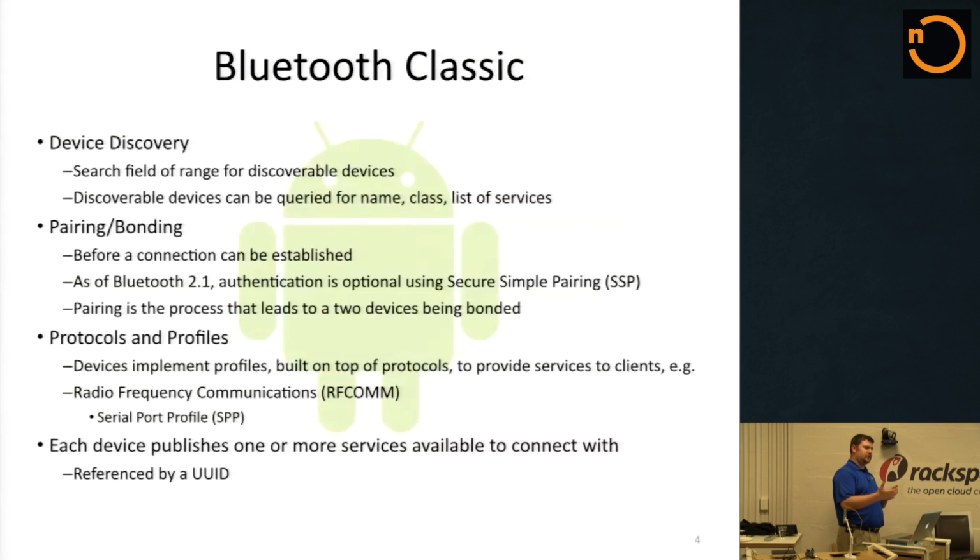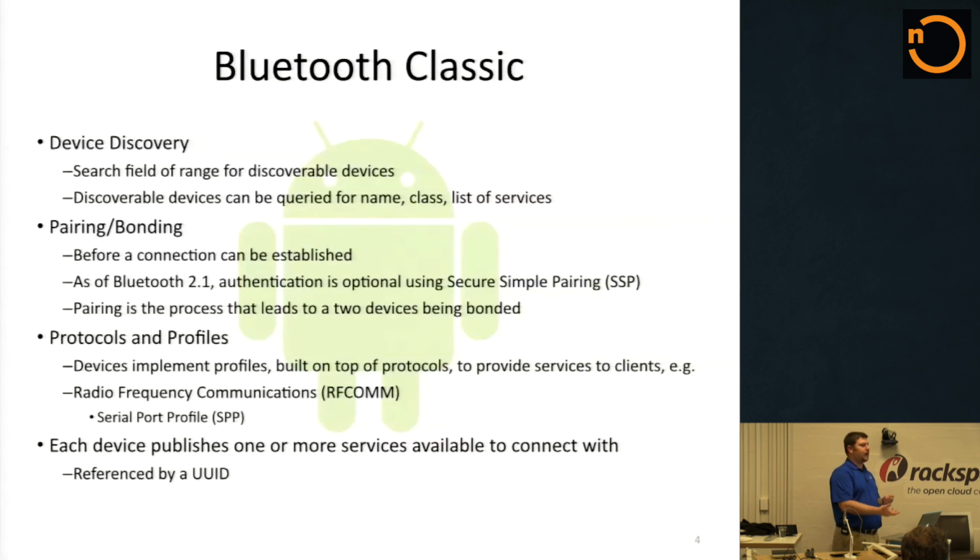Bluetooth in general, both in Classic and LE, has this concept of protocols and profiles. This is really just how the stack is built. The protocols are typically the middleware layer between the hardware and the link, and what we would call the abstracted profiles, which are more of the functional piece that the device represents.